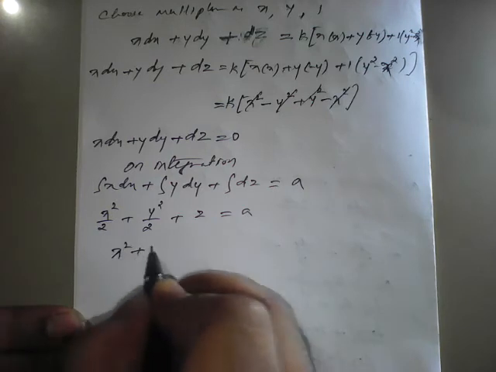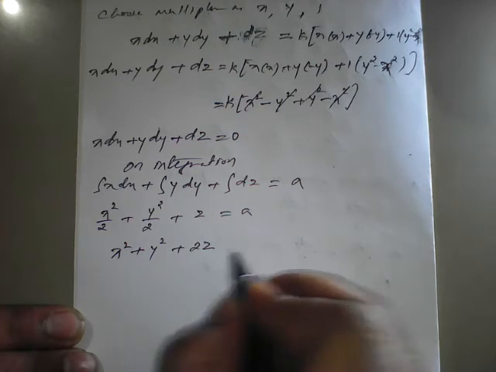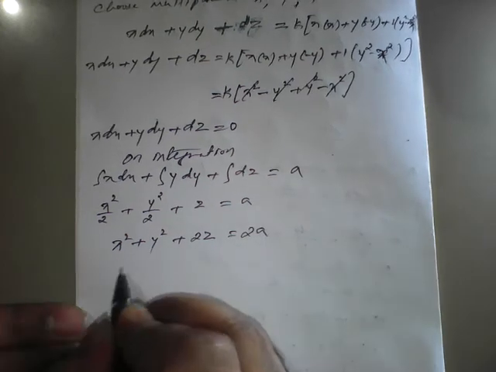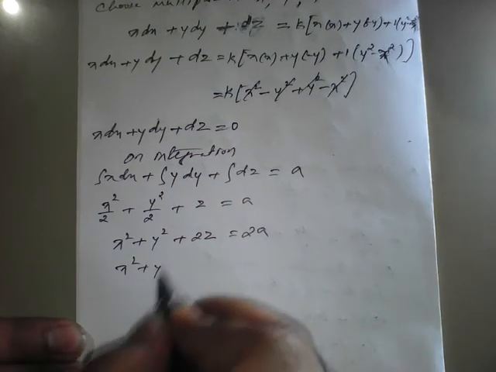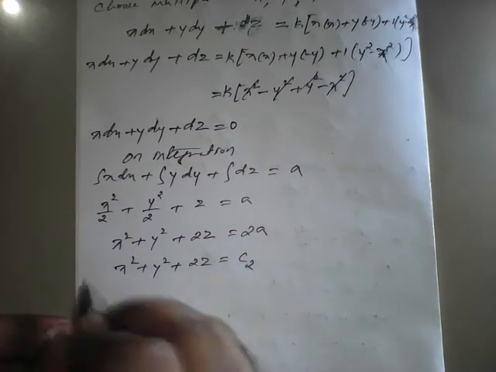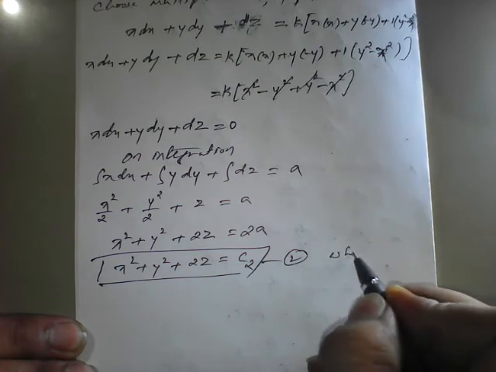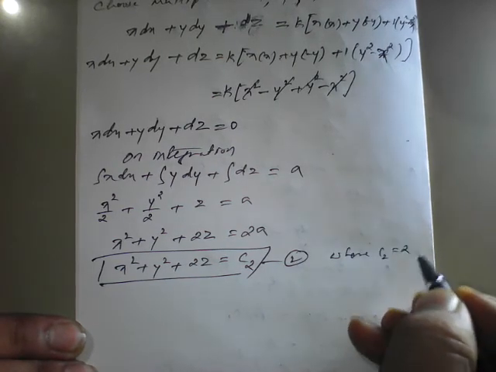Take the LCM: x square plus y square plus 2z, cross multiply the 2 to the right hand side, 2a. So x square plus y square plus 2z is equal to C2, equation 2, where C2 is equal to 2a.